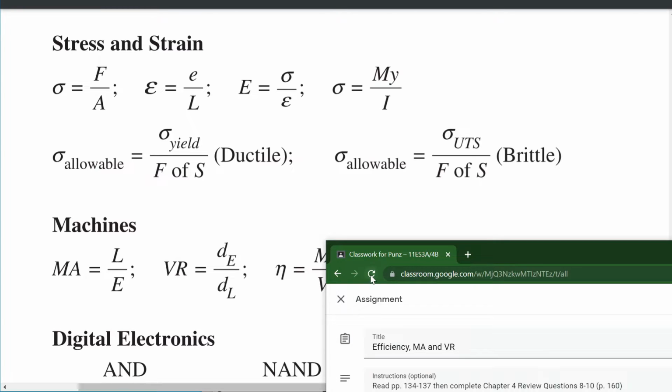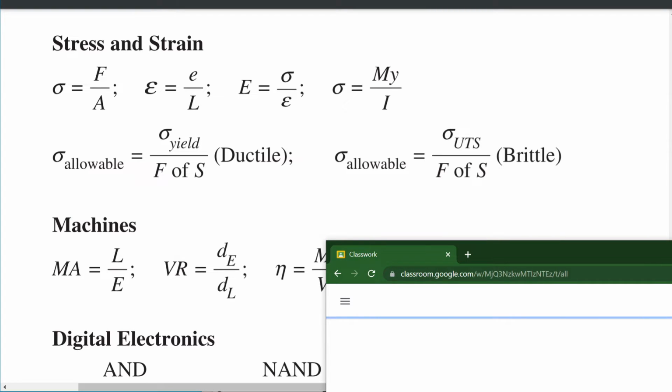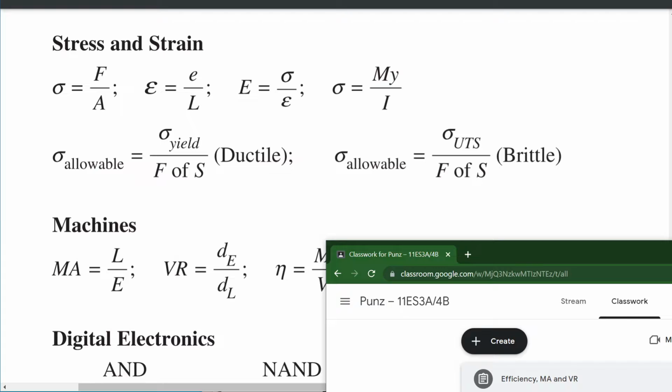Why does this not have the Eureka stuff in here? Huh.